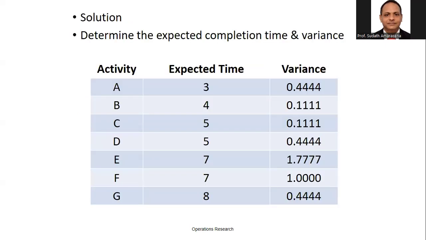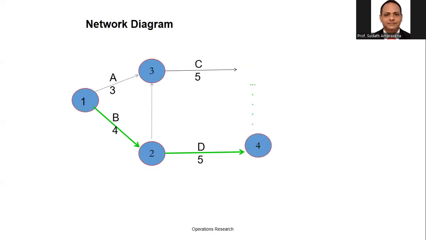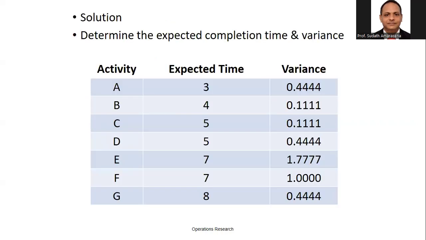Here, B is 0.11, plus D 0.44, plus E 1.7, plus F 1.